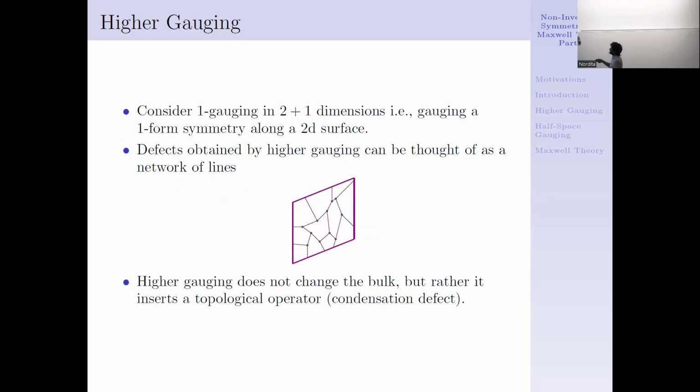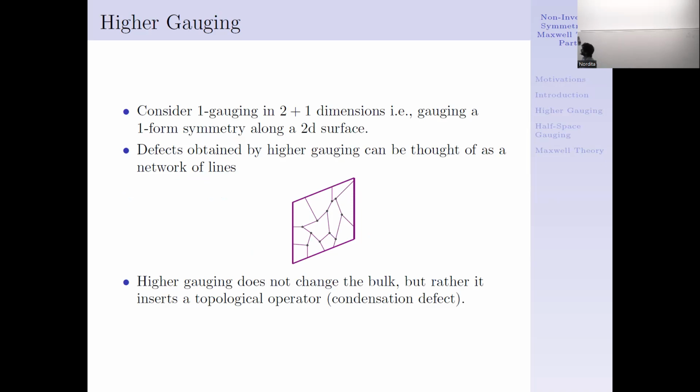Let me give a bit more intuition. To do so, let's focus on 3 dimensions and consider a one-form symmetry. In this case, we have a line generating the one-form symmetry, and we can gauge it along a 2-dimensional surface.